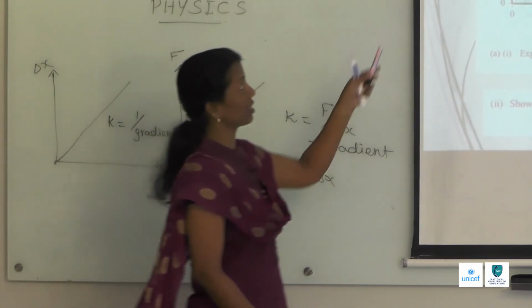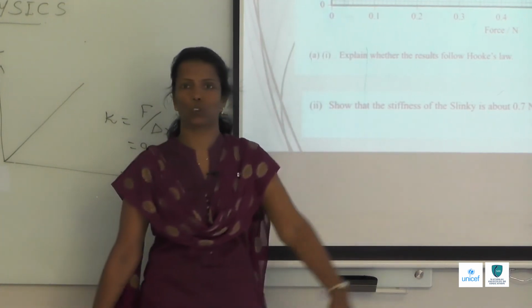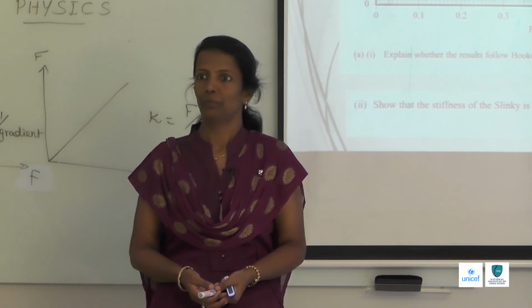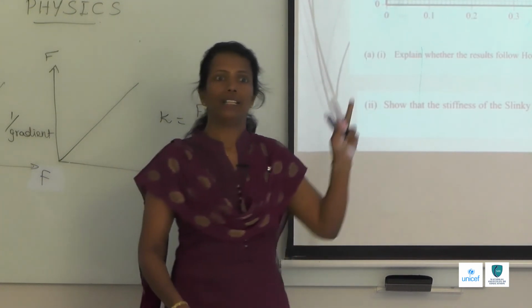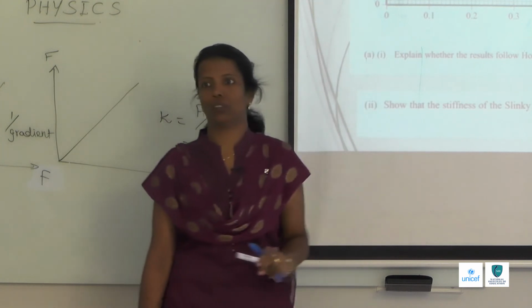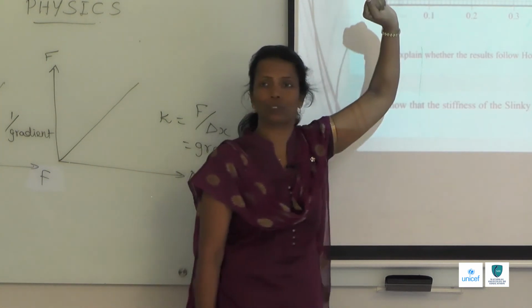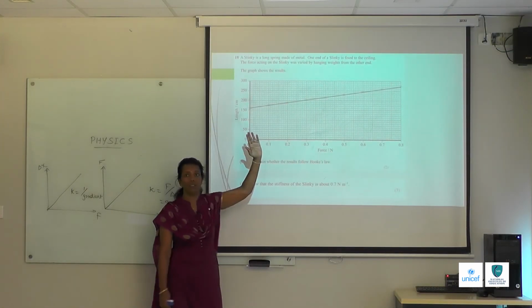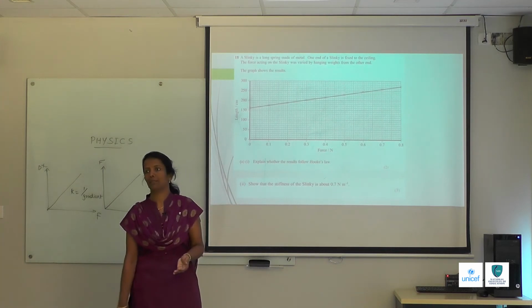But if a question is length against force and it is not a straight line passing through the origin, does that mean that it does not obey Hooke's law? No, it perfectly obeys Hooke's law, because length is proportional to force. That clearly shows this particular thing is the original length of the spring. If you subtract that, definitely this graph would be a perfect straight line passing through the origin, following the equation y equals mx.